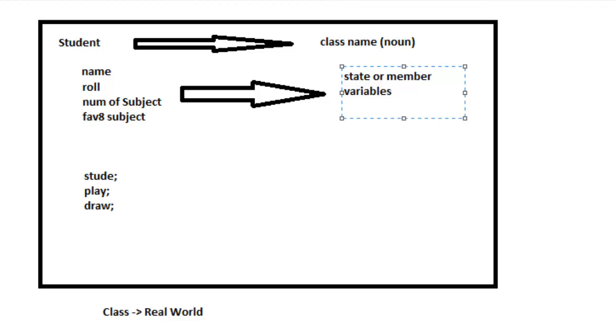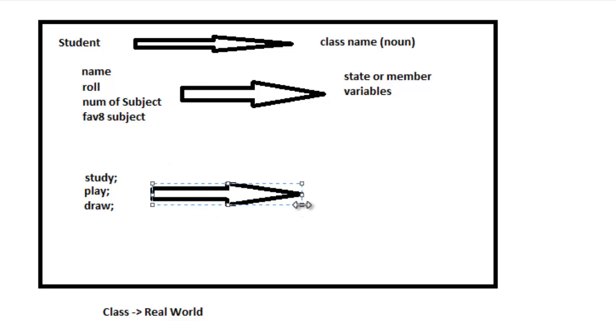Now the third part is the things that a student can do. A student can study, a student can play, and a student can draw as well.